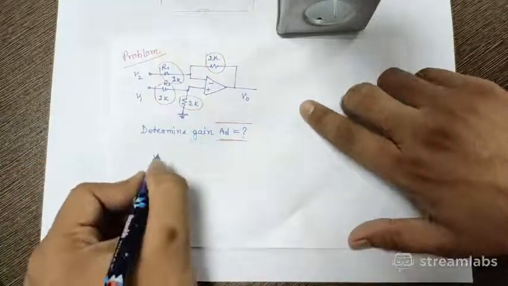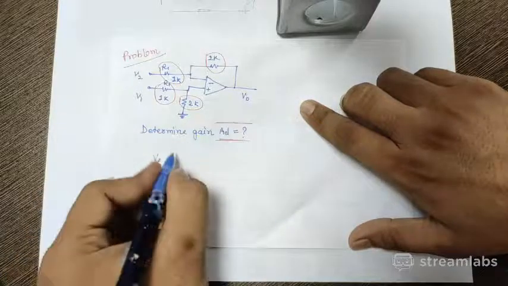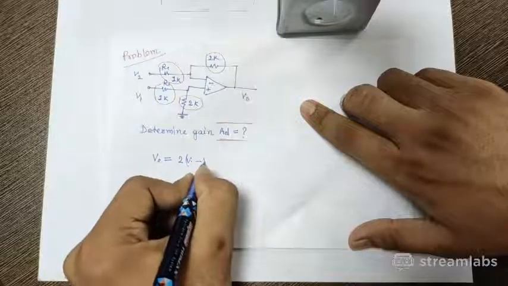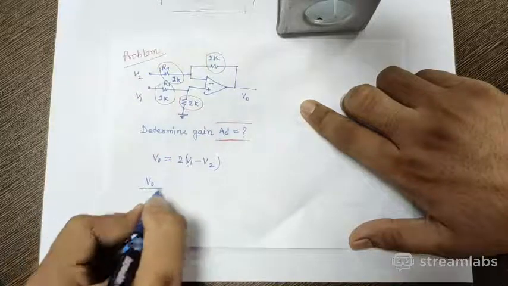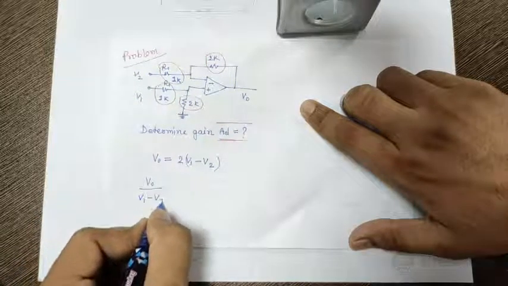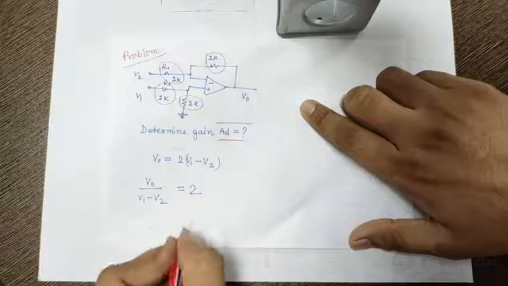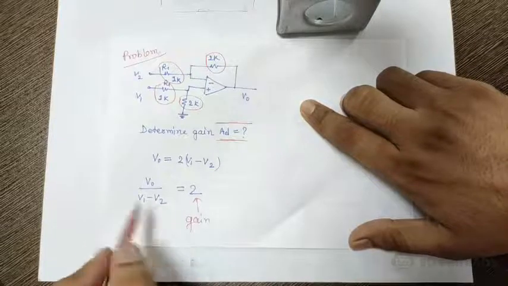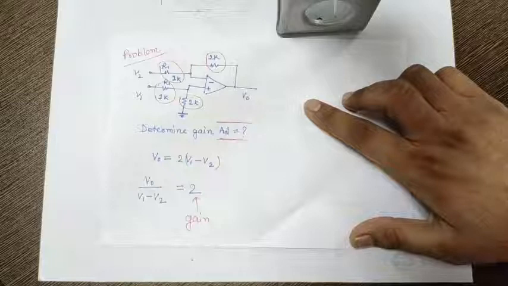We get the relation between output and input: the output voltage will be 2 times V1 minus V2, and the output voltage upon the difference of input voltages will be equal to 2. Therefore, the gain is 2. The answer of this problem is 2.